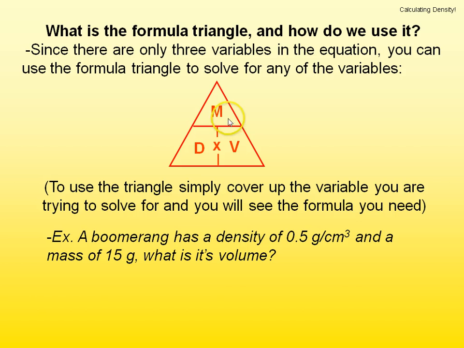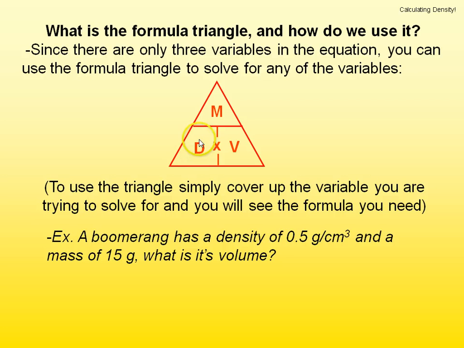So whatever it is we're looking for, we just simply cover up the variable we're trying to solve for, and we'll see the formula that we need. So for example, if I am trying to solve for volume, I would cover up the V, and my formula would be mass divided by density.